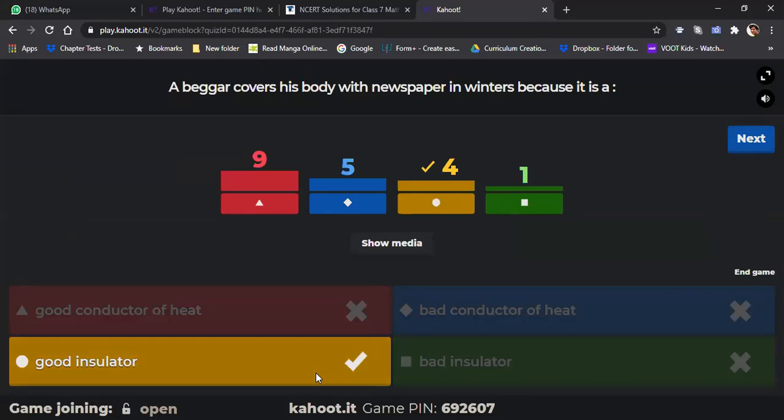A beggar covers his body with newspaper because it is a good insulator, right? Okay, so I guess it is the best answer. Those who said bad conductor of heat, and good insulator, it is confusing, but when you have to choose the best option, then you have to choose good insulator.